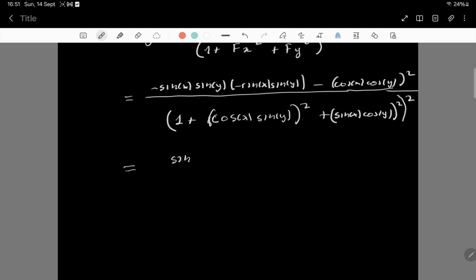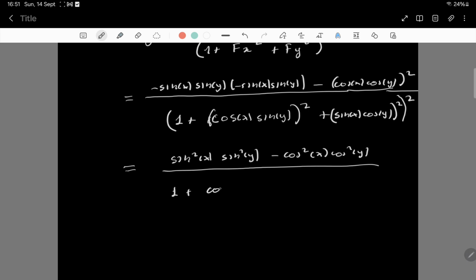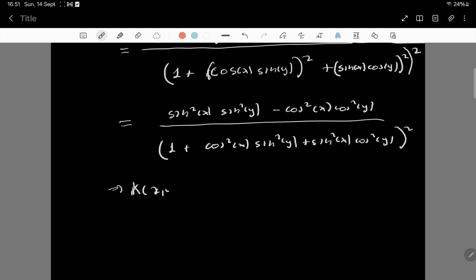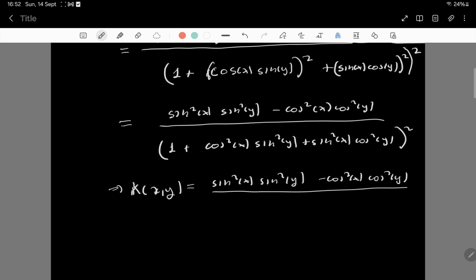So that's gonna give me sin squared x sin squared y minus cos squared x cos squared y, over 1 plus cos squared x sin squared y plus sin squared x cos squared y, and the whole thing raised to the power of 2. That is my Gaussian curvature.